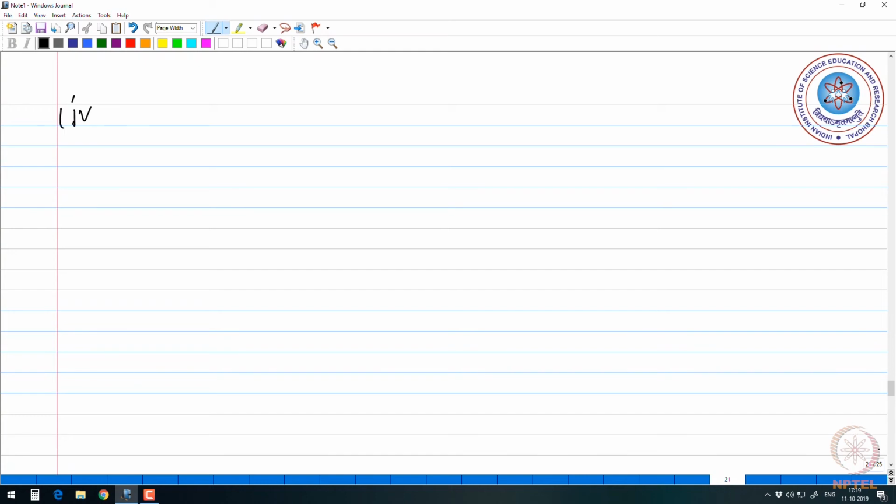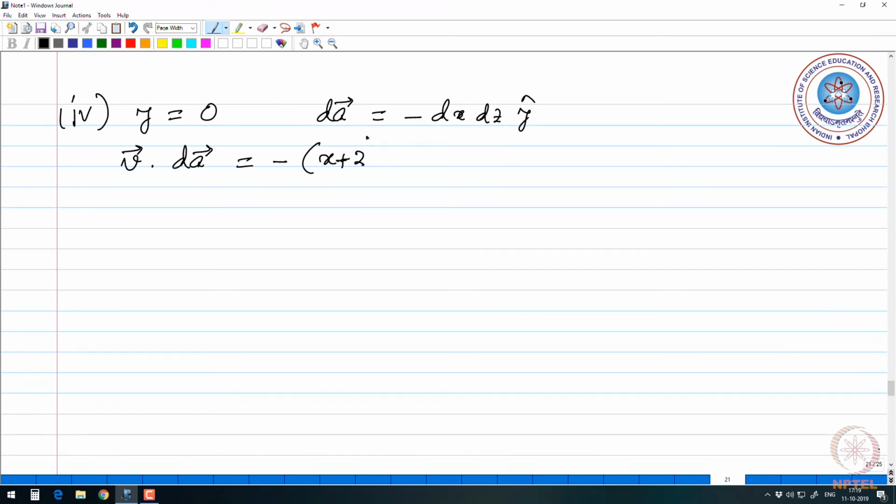For surface 4, here we have y equals 0. With that, dA becomes minus dx dz y cap. So v dot dA becomes minus (x plus 2) dx dz.